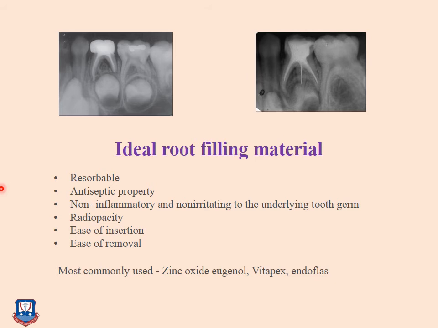It should have antiseptic property and be non-inflammatory and non-irritating to the underlying tooth germ. It should be radio opaque, easy for insertion and removal, and the most commonly used are zinc oxide eugenol, Vitapex, Metapex, Endoflas.